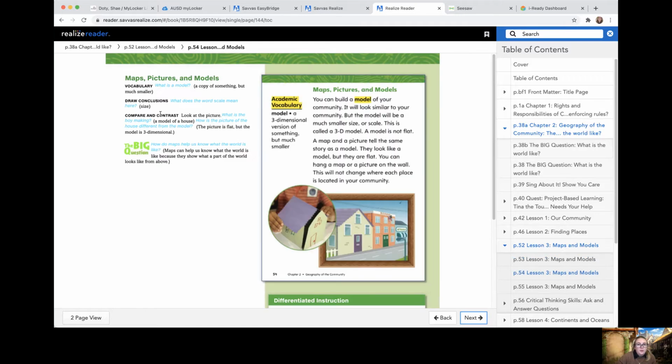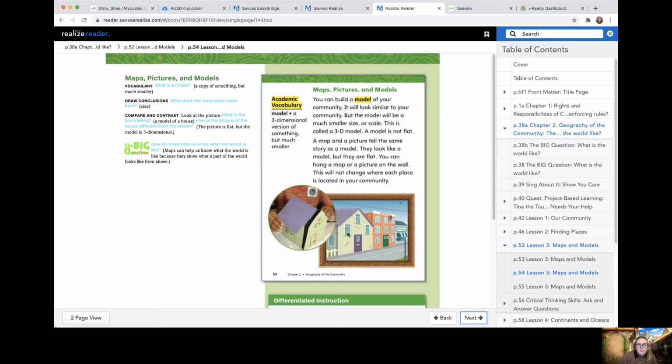And then we are going to talk about a model. You can build a model of your community. It will look similar to your community, but the model will be a much smaller size. This is called a 3D model.